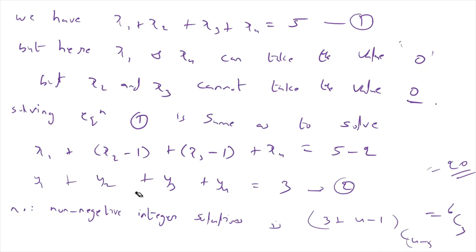Even if y3 is equal to 0, x3 cannot be 0. So after rewriting this equation, I have y1 plus y2 plus y3 plus y4 is equal to 5. Now I can apply number of non-negative integer solutions for this equation, and the number turns out to be 3 plus 4 minus 1 choose 4 minus 1, which is equal to 6 choose 3, which is equal to 20. Therefore, there are 20 ways in which a train can stop at 3 stations out of 8 such that no 2 stops are consecutive.